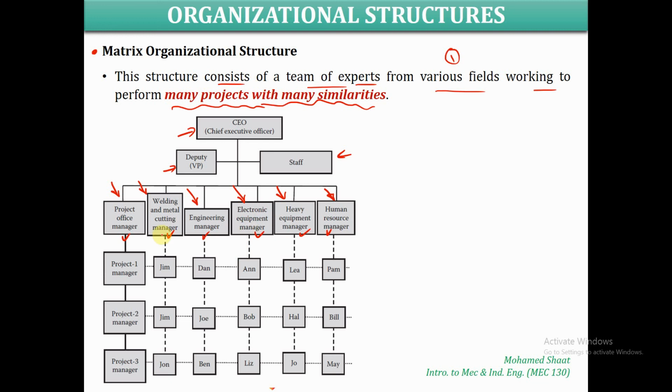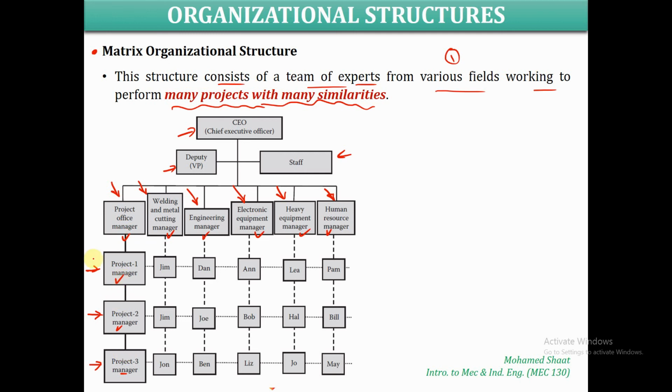In the meanwhile, this organization is working over different projects at the same time, like project 1, project 2, project 3. So the project office manager assigns managers for the different running projects. These managers are only managers for their project, but this guy is the manager of all of these managers. You got my point?